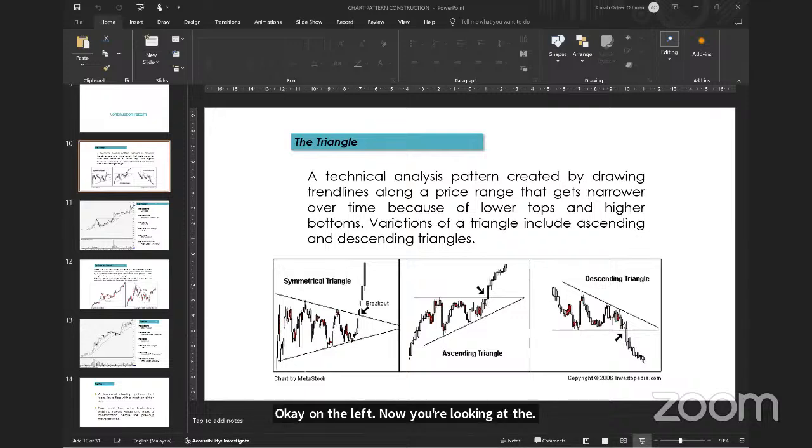On the left you're looking at the pennant, and on the right a flag. For a flag, to calculate the target price, you first identify the flag pole. This is the flag pole. If the flag pole is x, the target price will also be x.